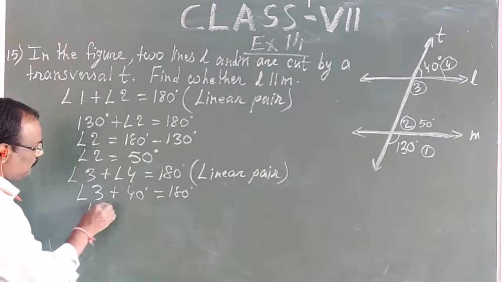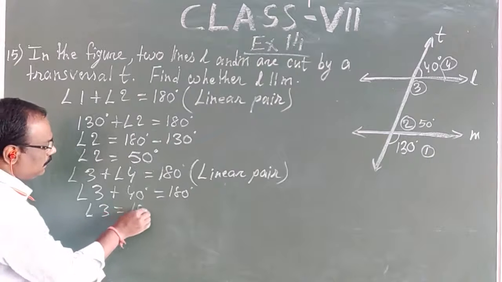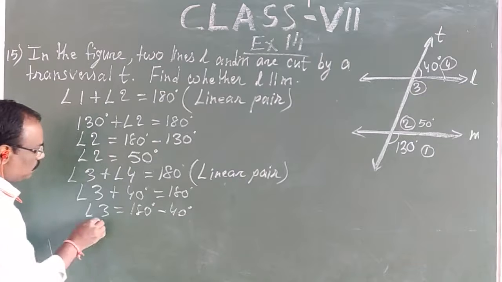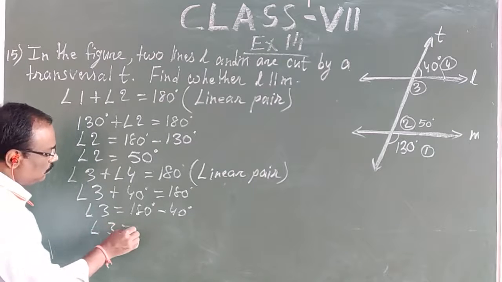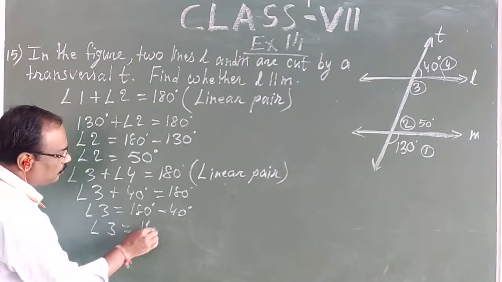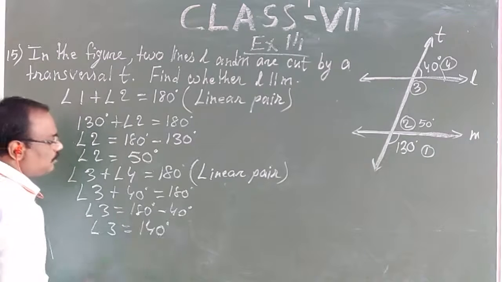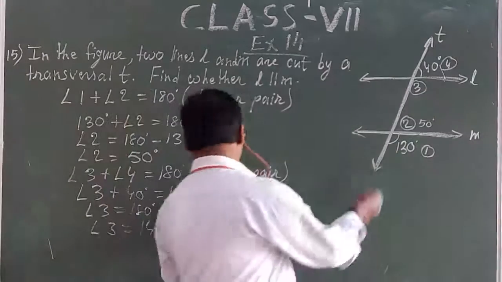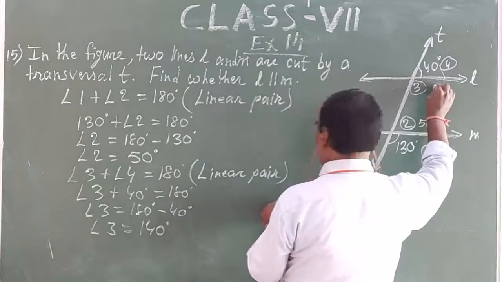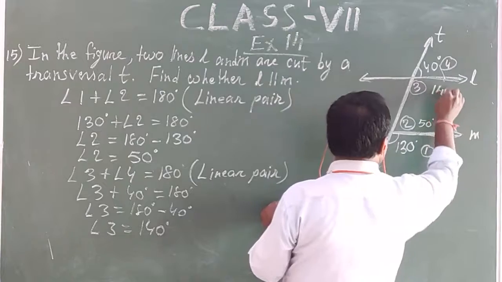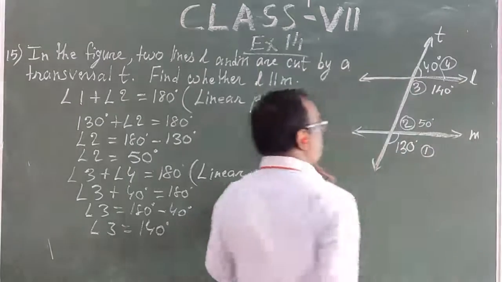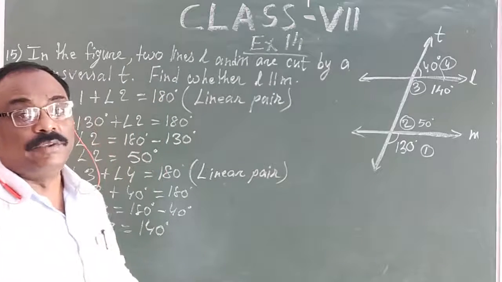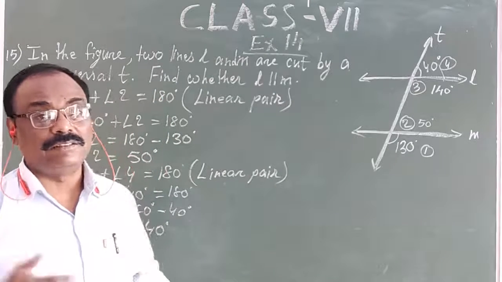So angle 3 is equal to 180 degree minus 40 degree, so angle 3 is equal to 140 degree. Now as I have told you, 2 and 3 are forming co-interior angles.